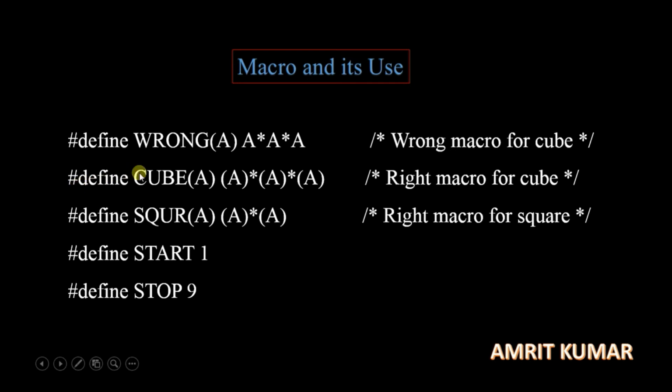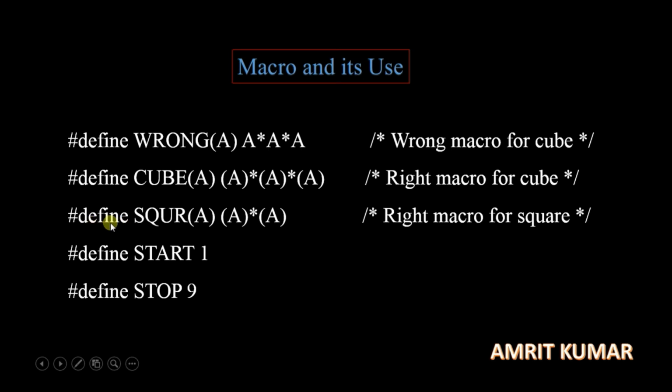For defining the macro, you use hashtag define, then CUBE, which should be in capital letters, then parentheses with the cube side denoted by capital A. Then a space is required here, and we know the property of a cube: the side is multiplied three times, A multiplied by A multiplied by A. So this is the correct macro, the right macro for cube.